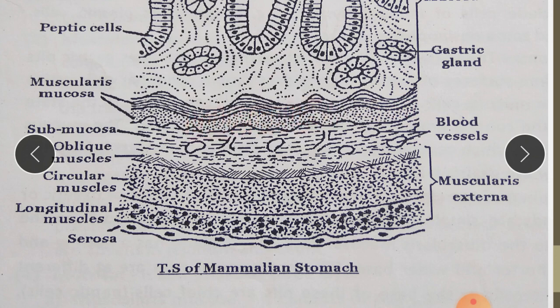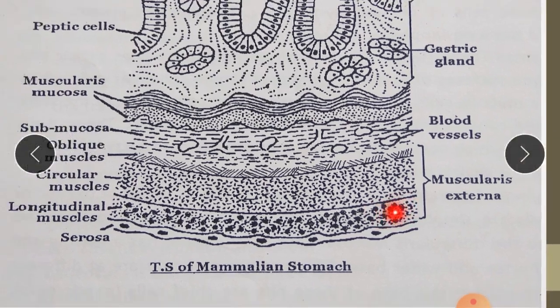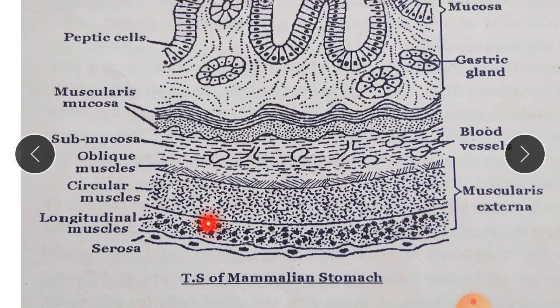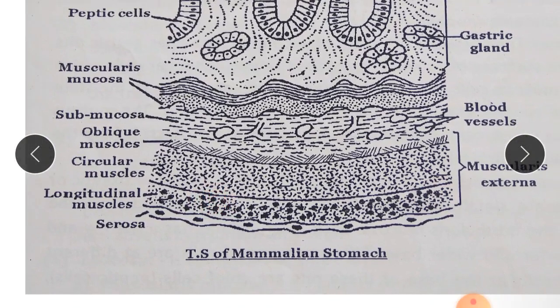So, the contraction of longitudinal muscles: the length of the stomach gets reduced. It becomes shortened, and the internal volume of the stomach is increased.